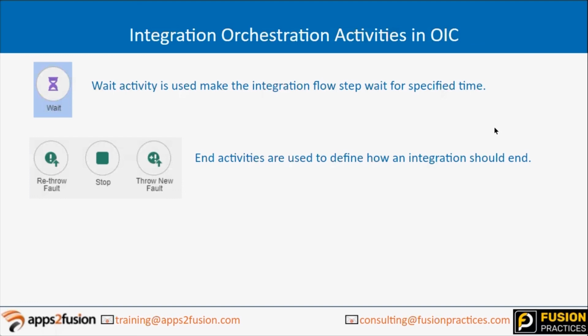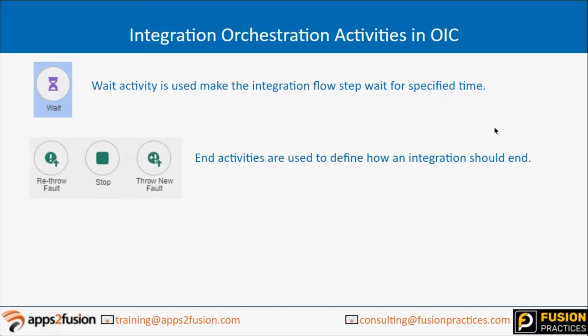For example, if it is succeeded, then we will go ahead and use the employee supervisor import. If it ended in error, then we might not want to proceed with the integration. We will just send an error notification and end it. These are the end activities that we have. You can define how an integration should end.